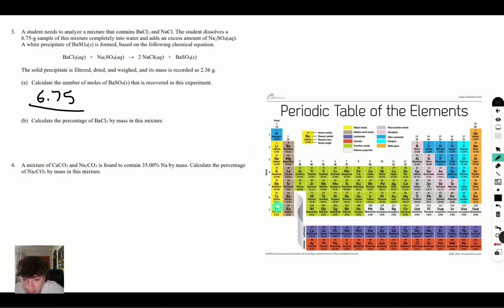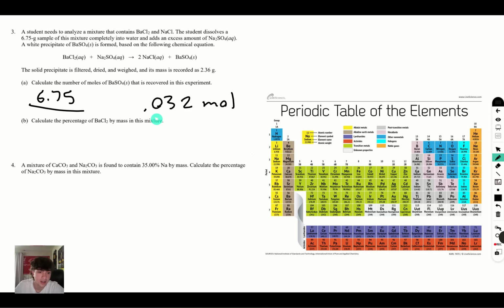The mass of Ba is 137.33, and then add 2 chlorines, which is 70.9. You get 208.23. So let's do the math. Let's divide now. 6.75 divided by 208.23 gives you 0.032 moles.